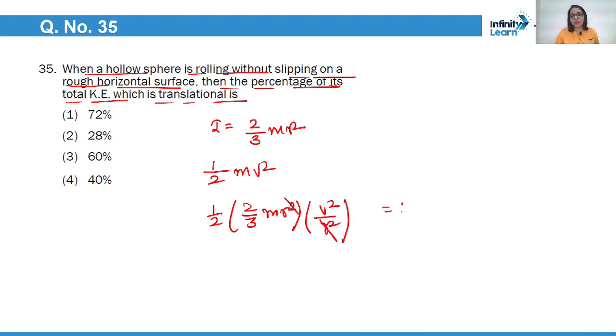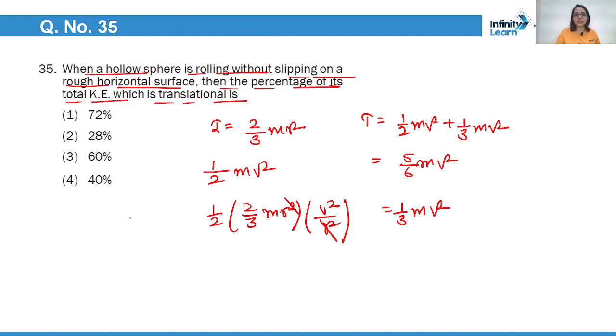So this will be 1 by 3 m v square. So total will be translational plus rotational, which is half m v square plus 1 by 3 m v square, and that is equal to 5 upon 6 m v square. So the percentage of energy which is translational is half m v square divided by the total, 5 by 6 m v square, into 100, and that is equal to 60%. So the correct answer is option 3.